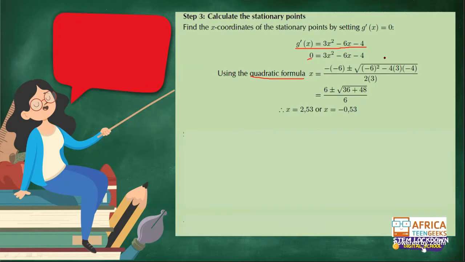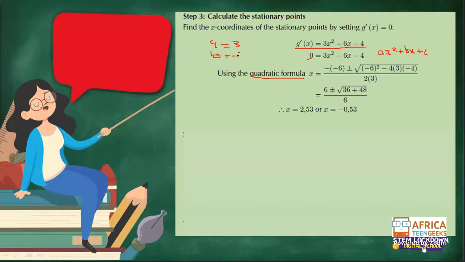So remember our quadratic formula is also A x squared plus B x plus C. Okay. So our A in this case is 3. Our B is -6.